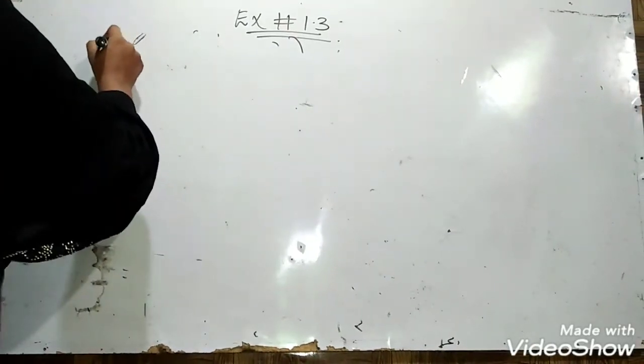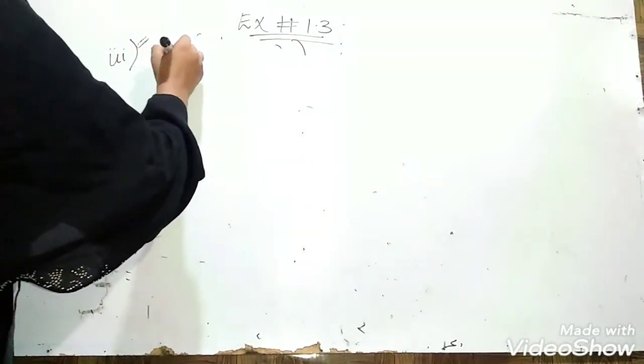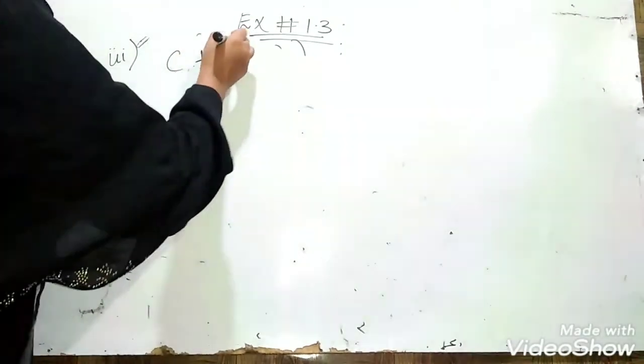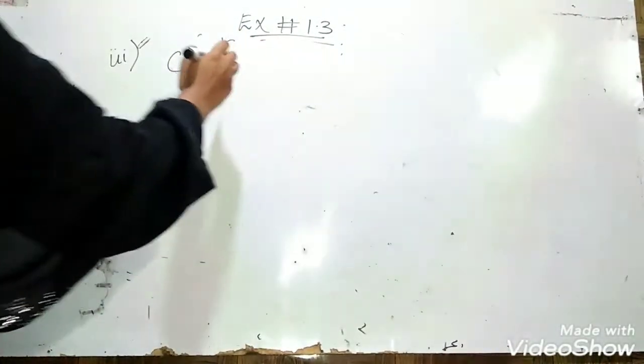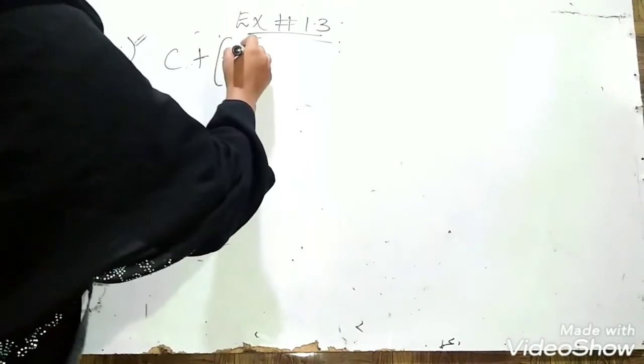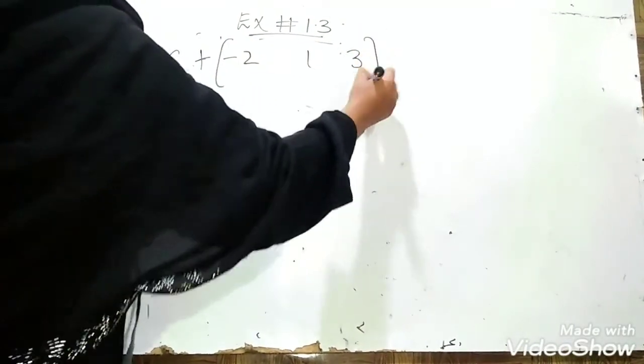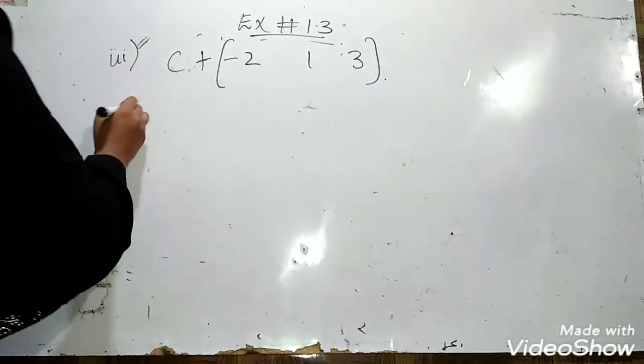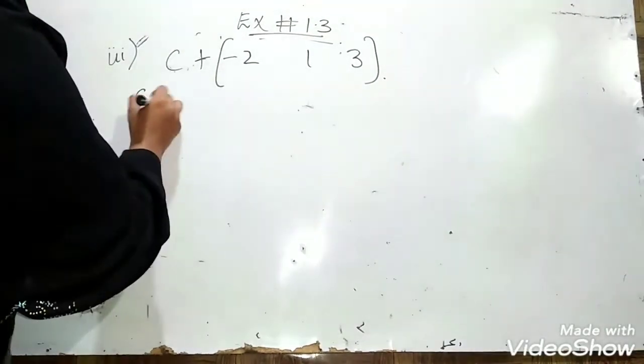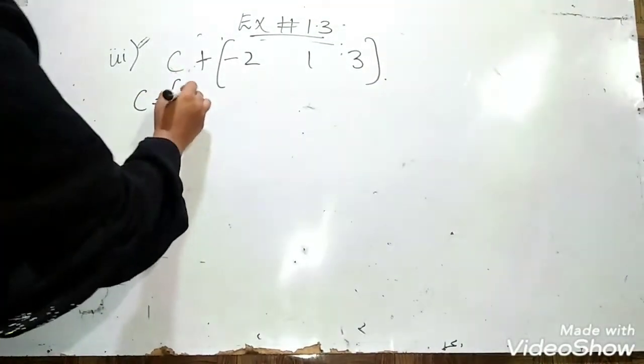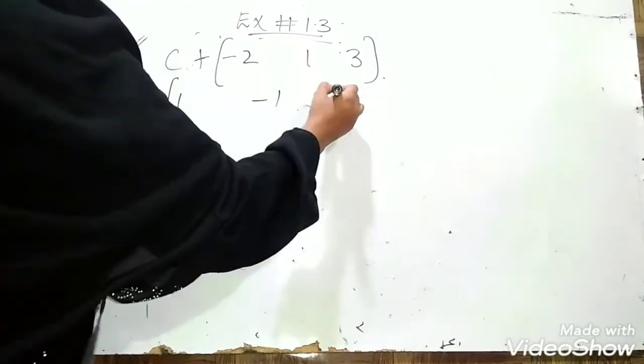Now we will take the next question, which is C plus a matrix having entries -2, 1 and 3. The C matrix has entries 1, -1 and 2.